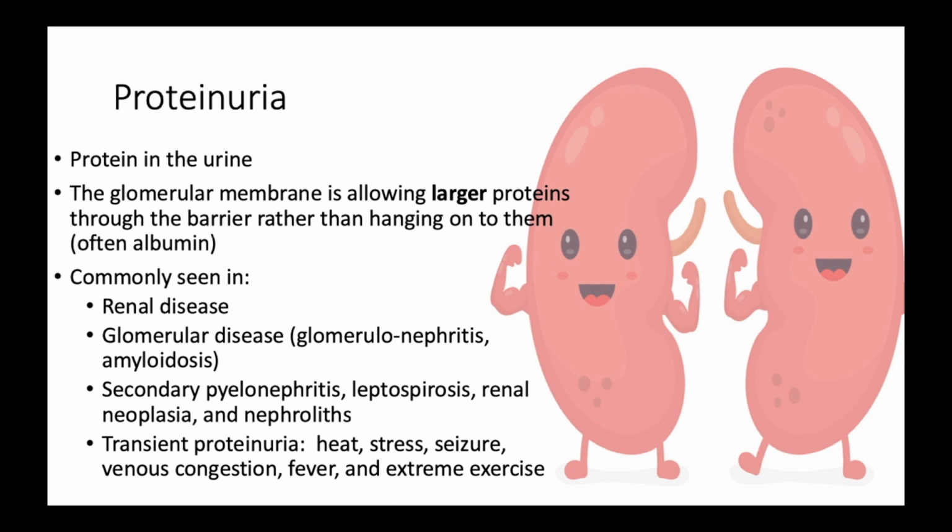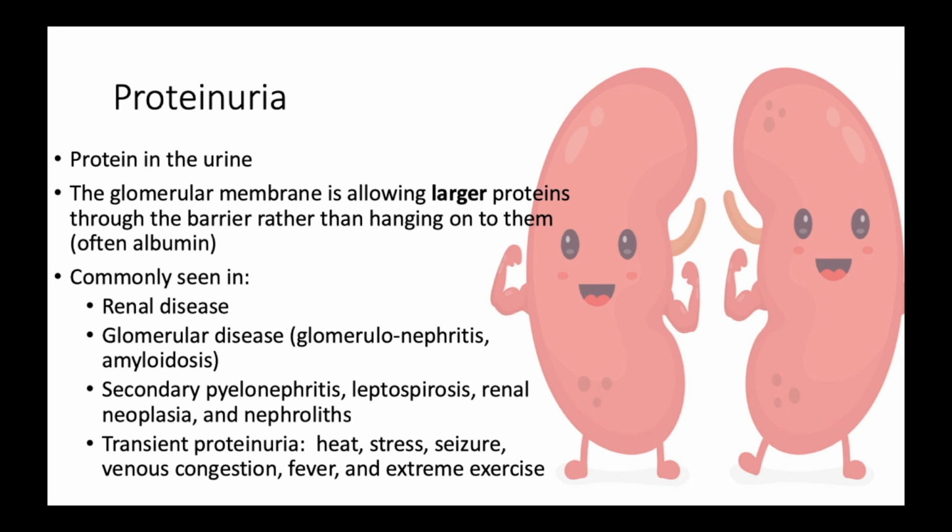Secondary pyelonephritis, which is inflammation of the kidney, or the nephrons specifically. Leptospirosis, which is a disease that's passed through contaminated water from wildlife. Renal neoplasia, and nephroliths. Those are kidney stones, which are not ideal in any case.